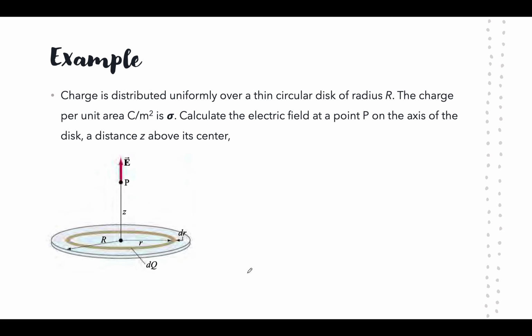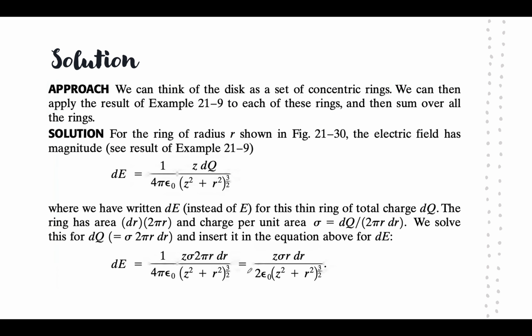Each ring has a width of dr, and it spreads from 0 to r. Now, we already found the electric field due to a charged ring in the first example that we saw. So we can take that answer and integrate that from 0 to r.